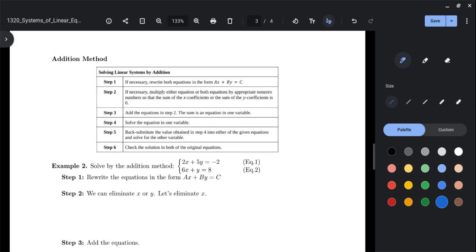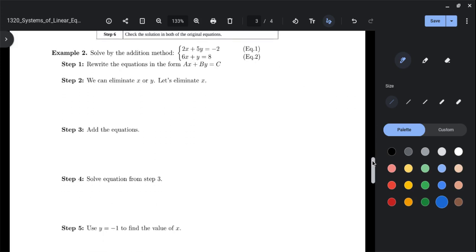This method is probably the most commonly used method for solving linear systems of two variables, and it can be used to solve any linear system, just like the substitution method. So first, let's go ahead and look at this example walking through those 6 steps.